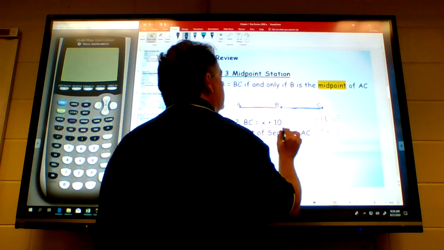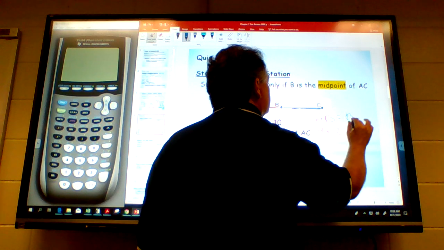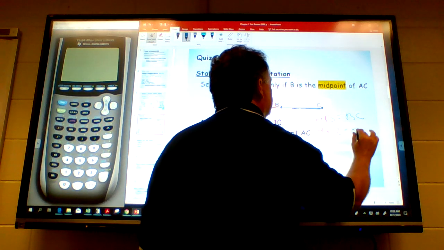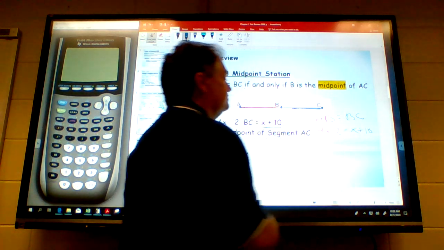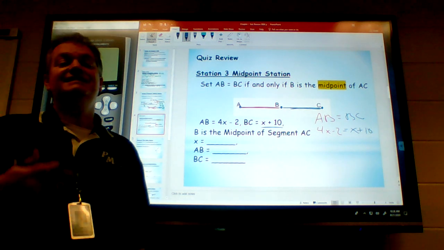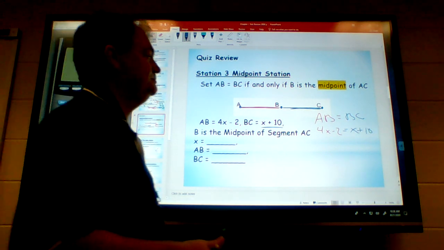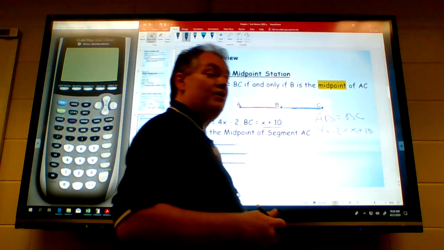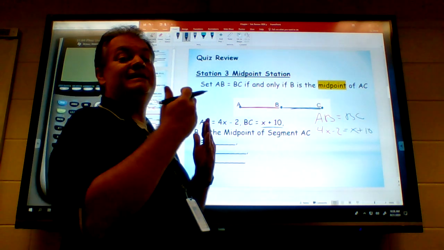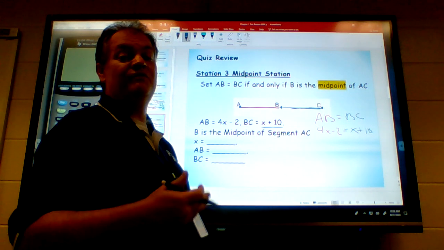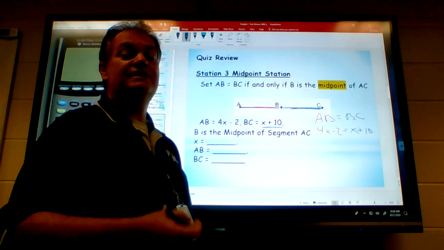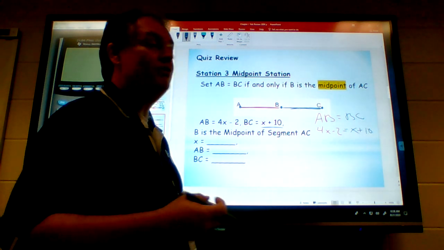BC has a value of x plus 10. Now, because it says midpoint, I set them equal to each other and I solve for x. On the previous problem, it didn't say midpoint, so that's when I had to add them together and set them equal to that number 48. That's the big difference, the word midpoint.